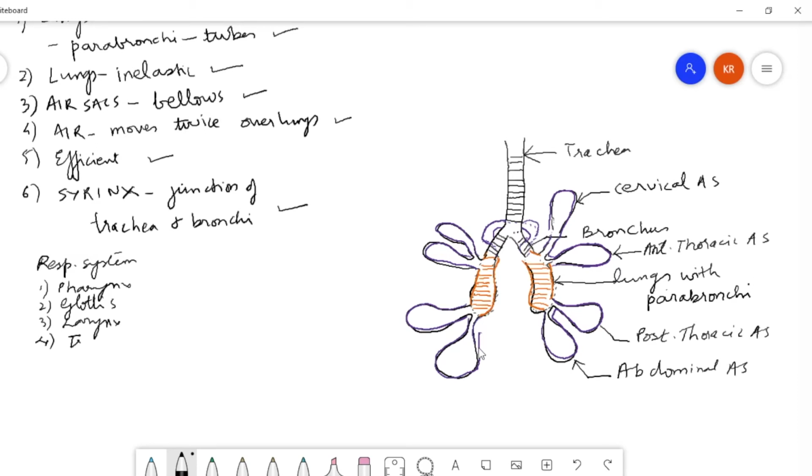Then there will be trachea. Then there will be two bronchi, and in this junction there will be syrinx. Then there will be lungs, which are made up of parabronchi.